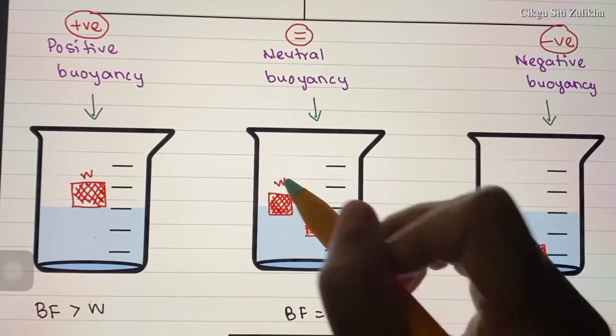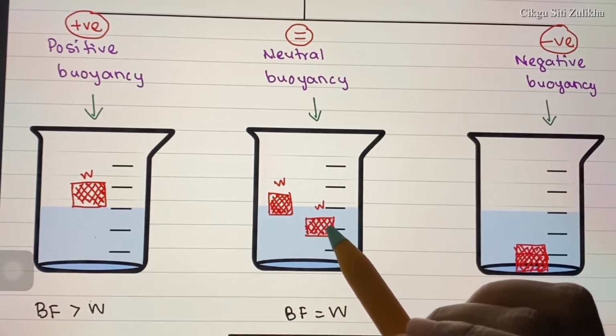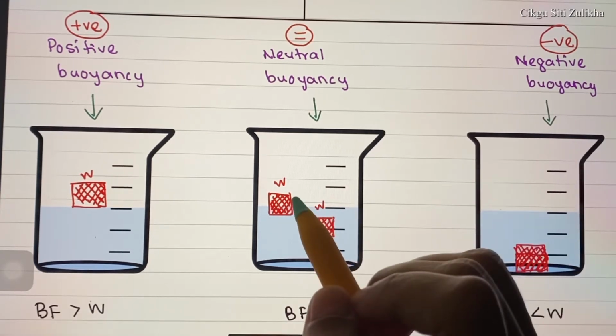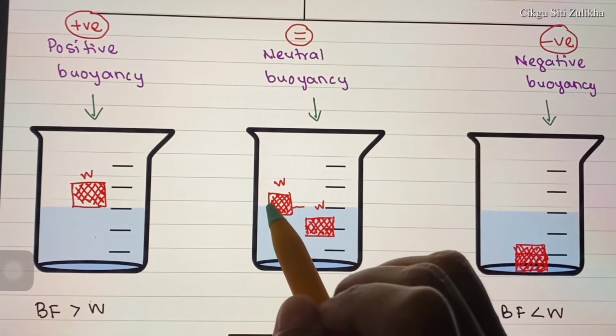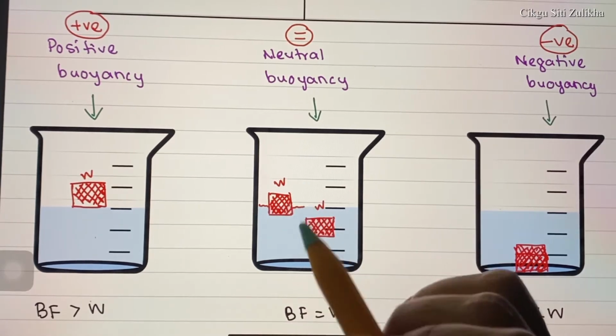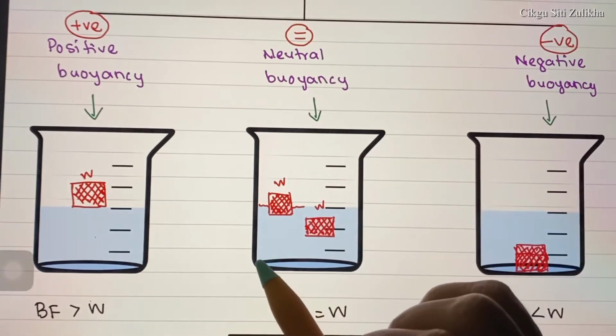Dia ada 2 type. Satu, your object will float at a certain distance dalam water ni. Lagi satu, your object, nampak tak? This is the level of water kan? Dia akan float in between the water dengan air. So this is the condition where it is a neutral buoyancy.